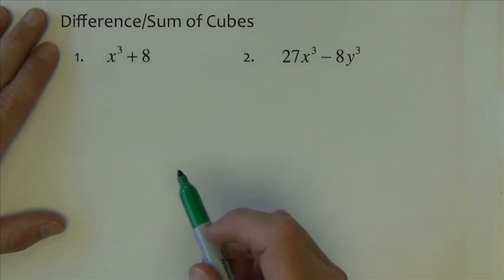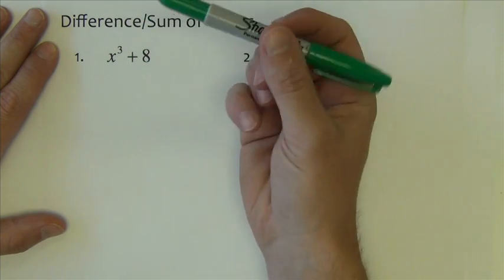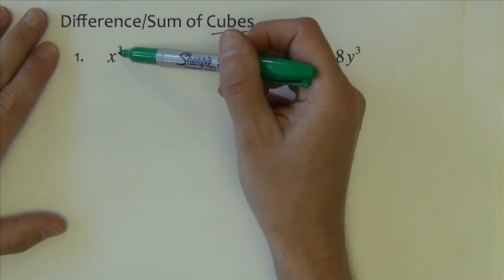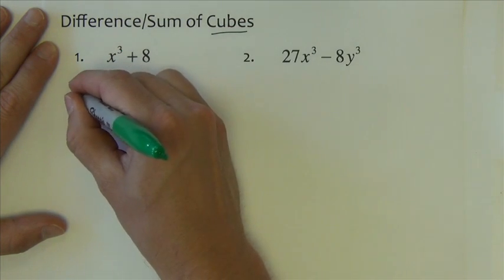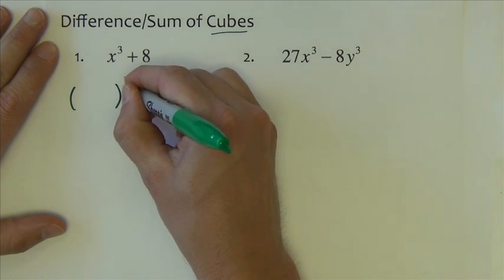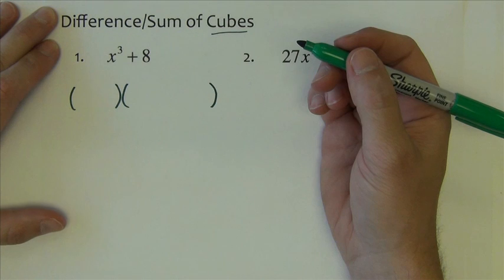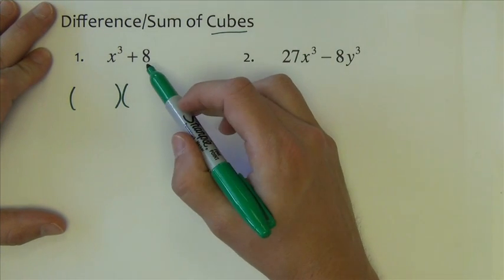First example, x cubed plus 8. So I'm going to set up, well, first of all, recognize that they're cubes. x cubed is obviously cubed. 8 is a perfect cube, so we're dealing with cubes. Set up a binomial and a trinomial. And if you want, you could certainly go ahead and put the signs in there because the signs are completely independent of the terms.